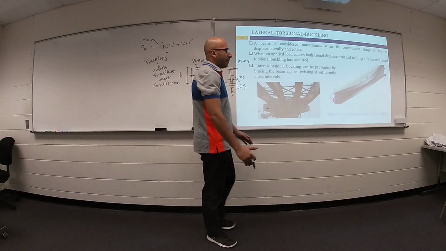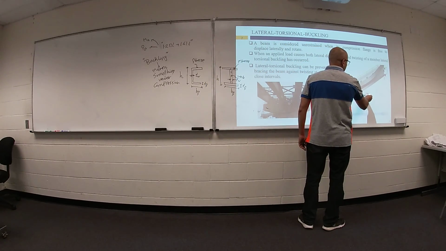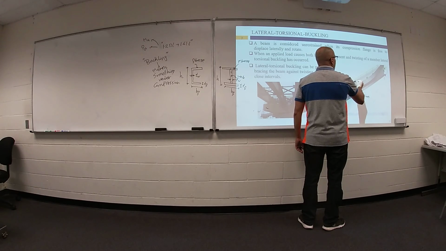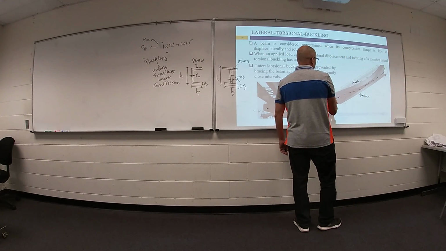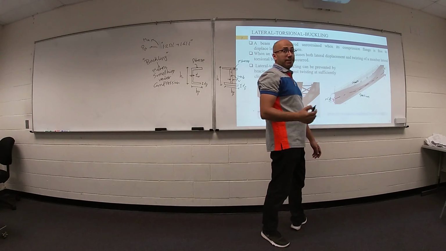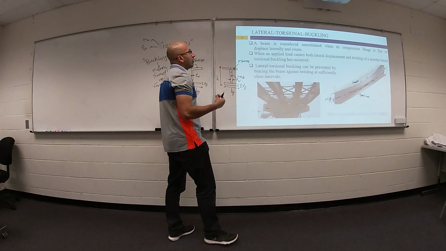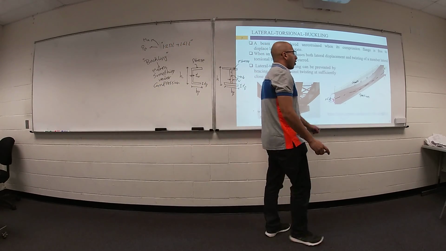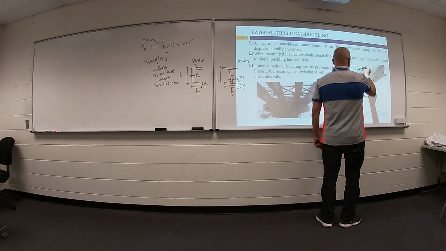So in your beam, on one side we have tension, on the other side we have compression, and in between we have something called the neutral axis. Right? So the only part expected to buckle is the compression flange. This flange.